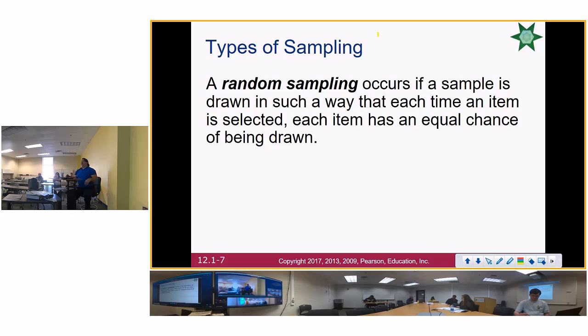What if I use a yellow Post-it note and instead of folding it in half, I fold it 16 times? Is that a random sample? No, because even if I was blindfolded and reaching in the punch bowl to pick the name, if I feel that wad of paper, I'm either going to get away from it or I'm going to what?